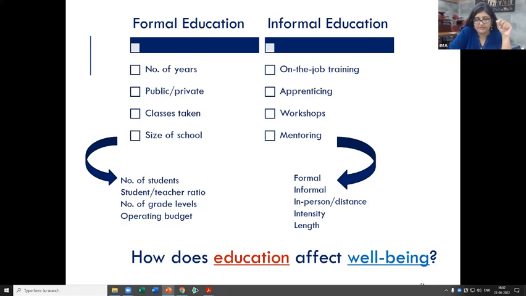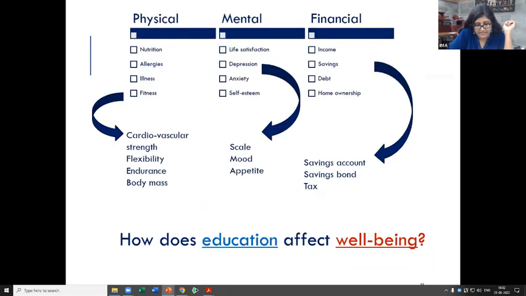And within each subcategory, now write down the questions that you want answered. Same thing for informal education. So just break up a big chunk of concept into smaller concepts and sub-concepts, and then start making your questions. Don't start creating your questions first. First, write down what you want to be answered. Same thing for well-being.